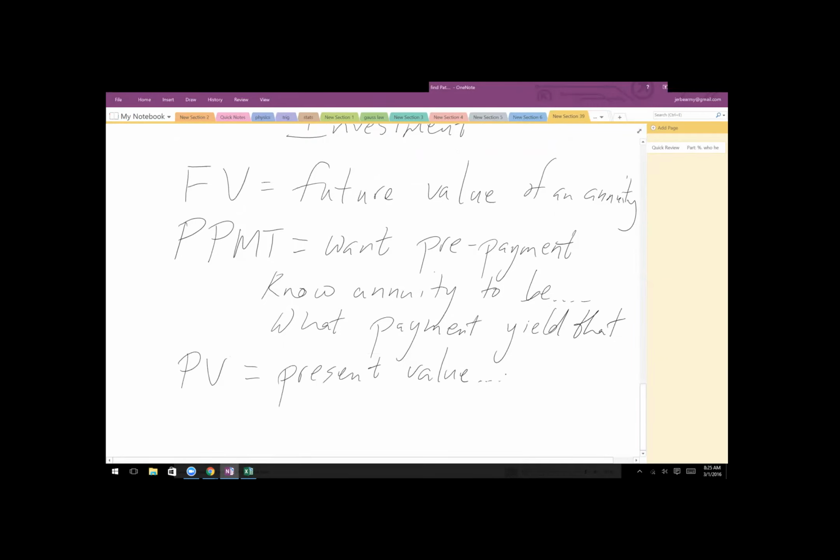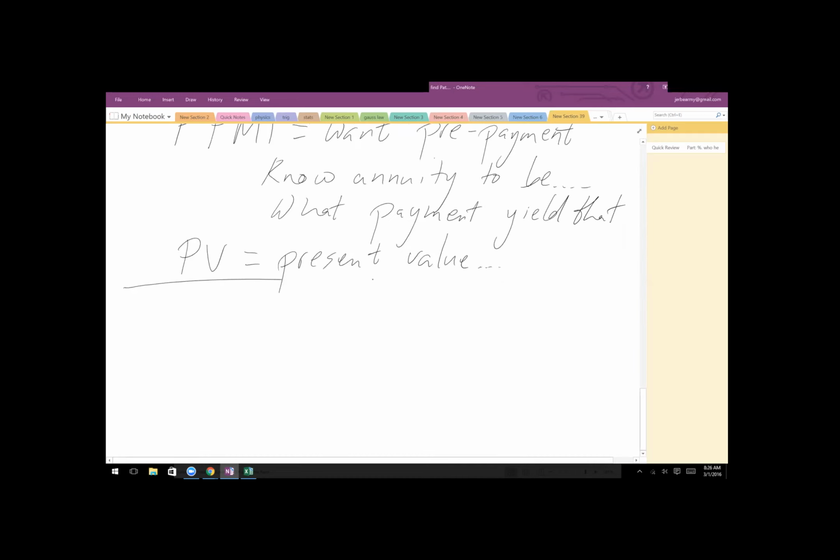Well, $1 million over the next 15 years is worth less to you than $1 million today, because $1 million today you could turn around and invest. So present value is, if you've got something like that, what would be the equivalent lump sum amount of money right now? All right. I don't think we do that in this class, so I have to remember.